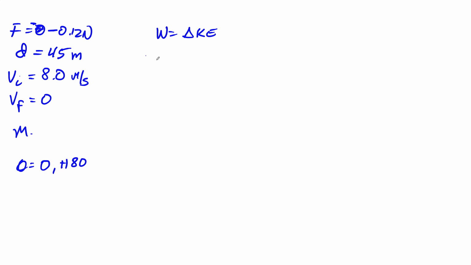So what we're looking at is that the work, which is force times distance, we have force, we have distance, is equal to 0.5 times the mass times VF squared minus VI squared. We're looking for mass. Now the force is going to be minus 0.12 times the distance, which is 45. And actually, if I think about it, let's do the cosine of 180.